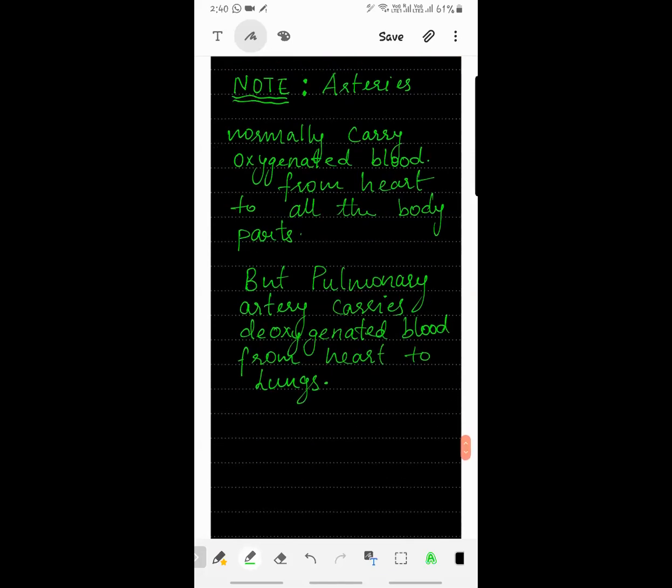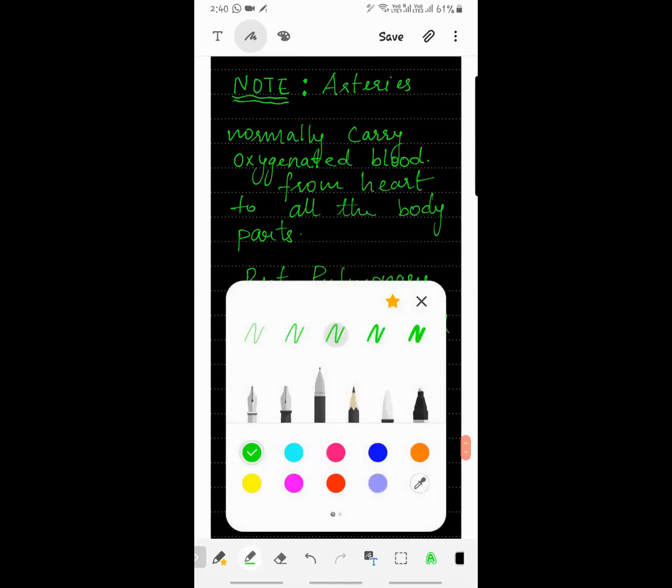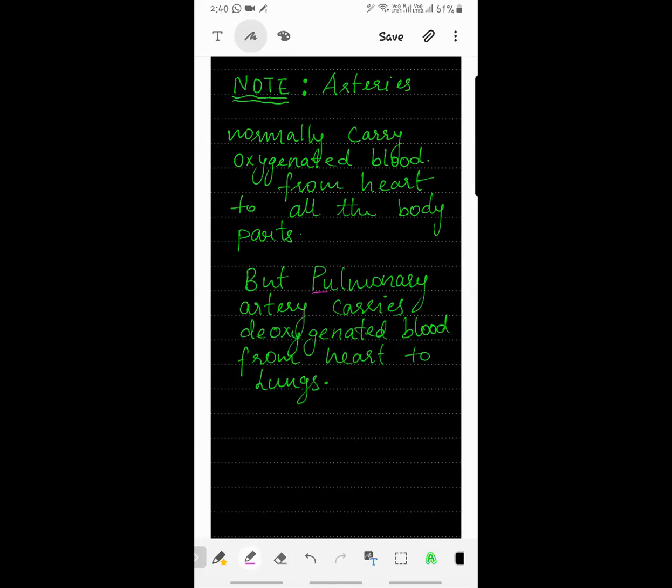Okay, very important point. You should know this by heart. Pulmonary artery carries deoxygenated blood from the heart to the lungs.